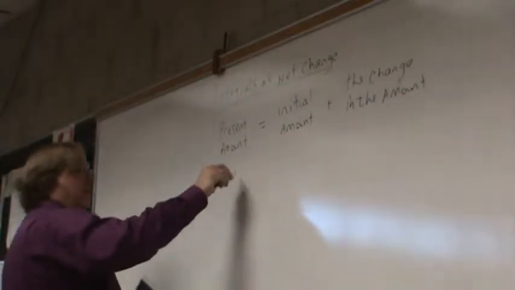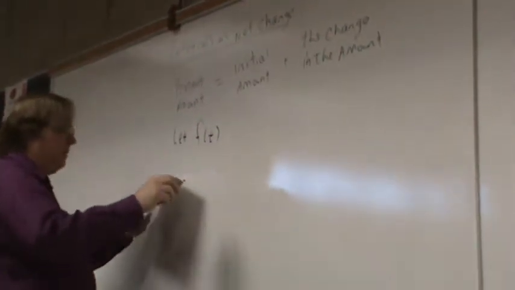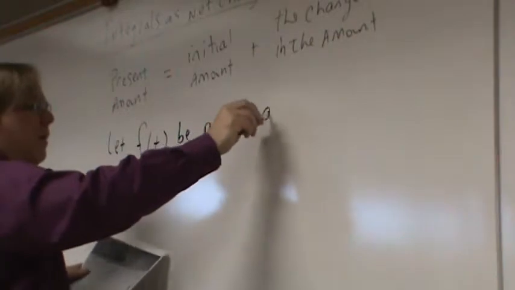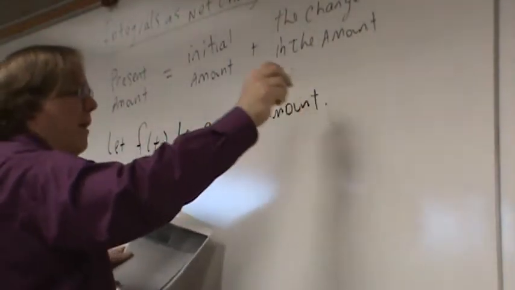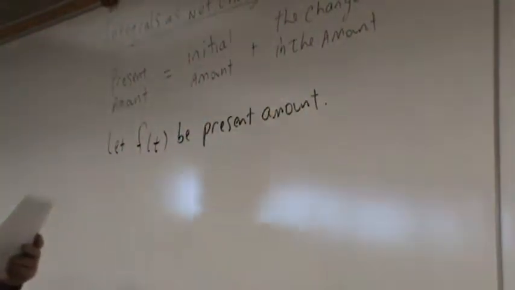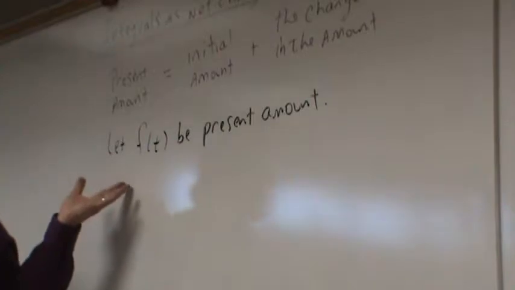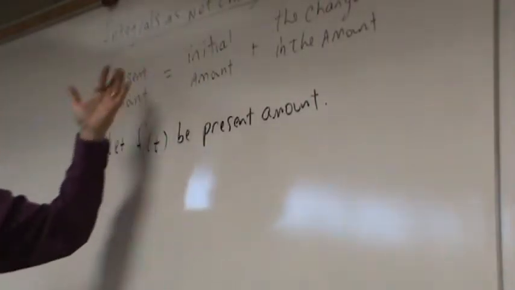Let f of t be the present amount. Now, if f of t is known, if we have an equation for f of t, then we don't have to do any of this stuff, right?